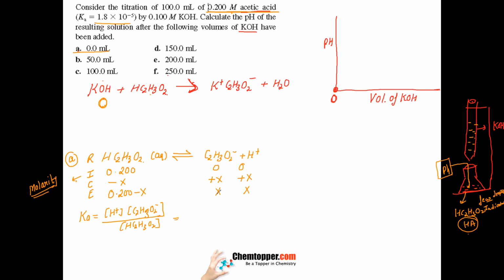Plug in these values. Can I do approximation? In fact, I told you in the last class also, if it is 10 raised to the power minus 5 or less, yes, Shriyan, very good, go for approximation. You can check later on the degree of dissociation. x squared.